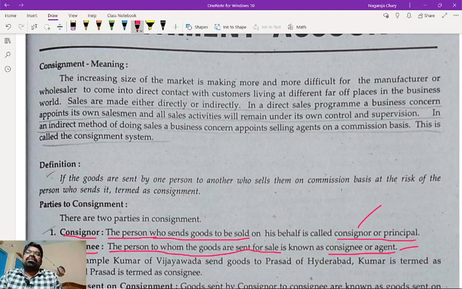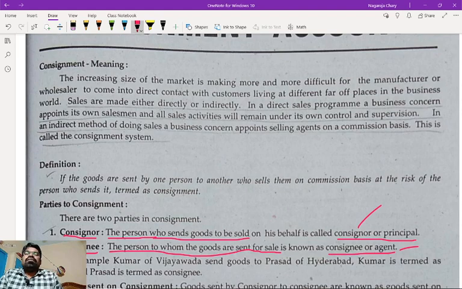Without investing, they are just taking the risk. There is no investment, but they are doing sales, and by doing these sales they get commission. We will have different types of commissions, which we will learn further on.